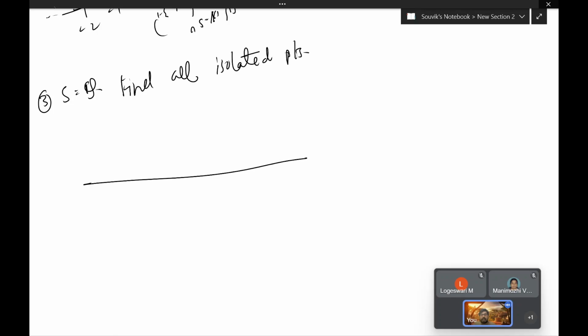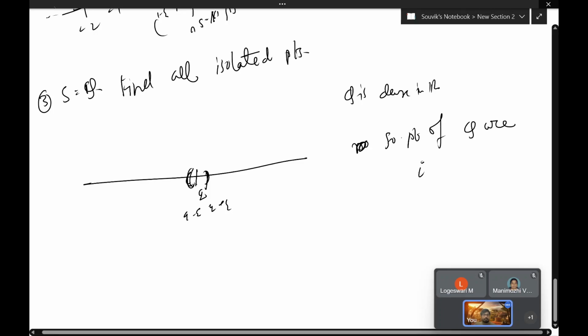Consider any rational number and a very small epsilon neighborhood around it. But the point is that since Q is dense in R, any small enough neighborhood will contain infinitely many rational numbers. So this open neighborhood intersection S is not the singleton, it's more than that. So no point of Q is isolated.